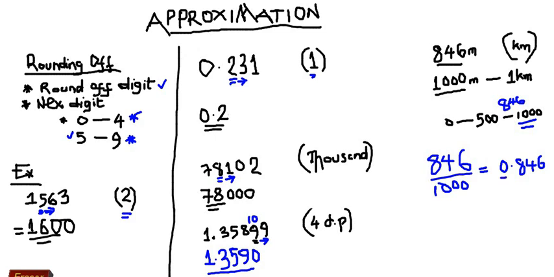So it's like we are rounding off to the nearest kilometer. As we have seen, the next digit is 8, which is more than 5. So it means we can round off this to 1 kilometer by increasing the 0 by 1 unit, because the next digit is more than 5. So that is the idea behind rounding off with respect to units of measurement.